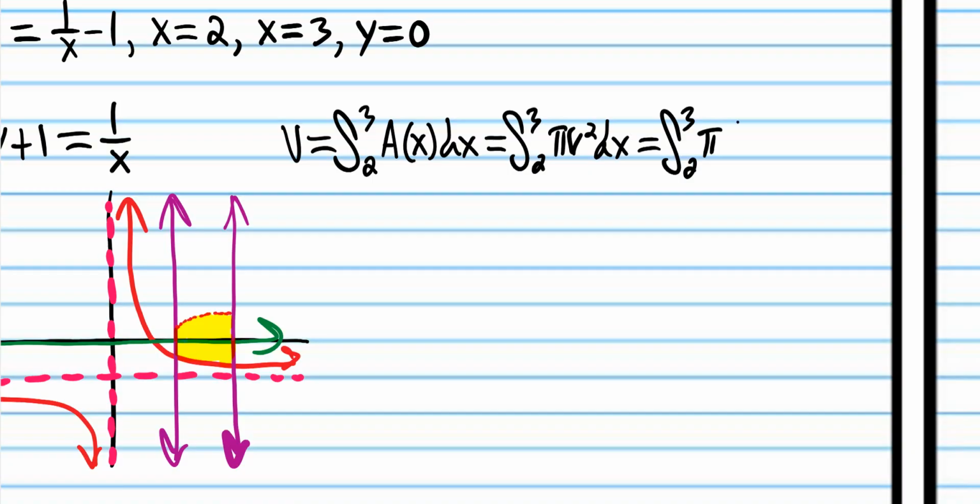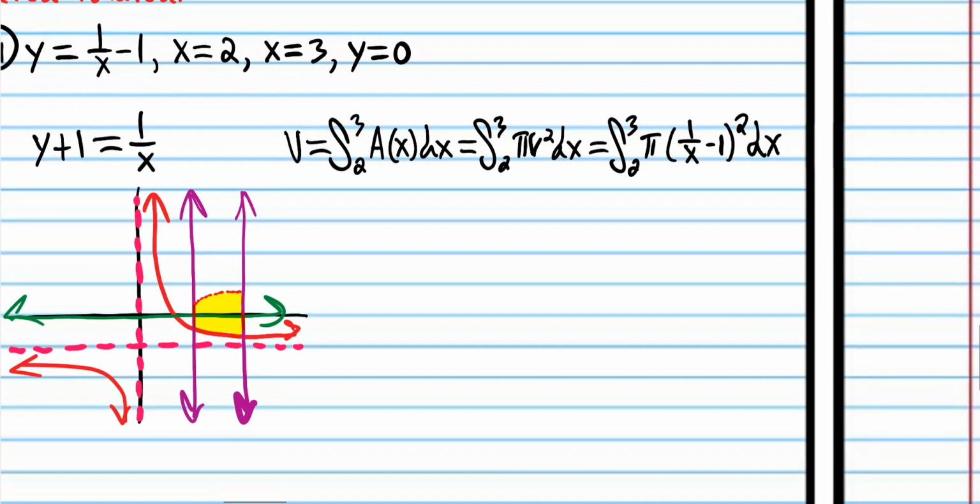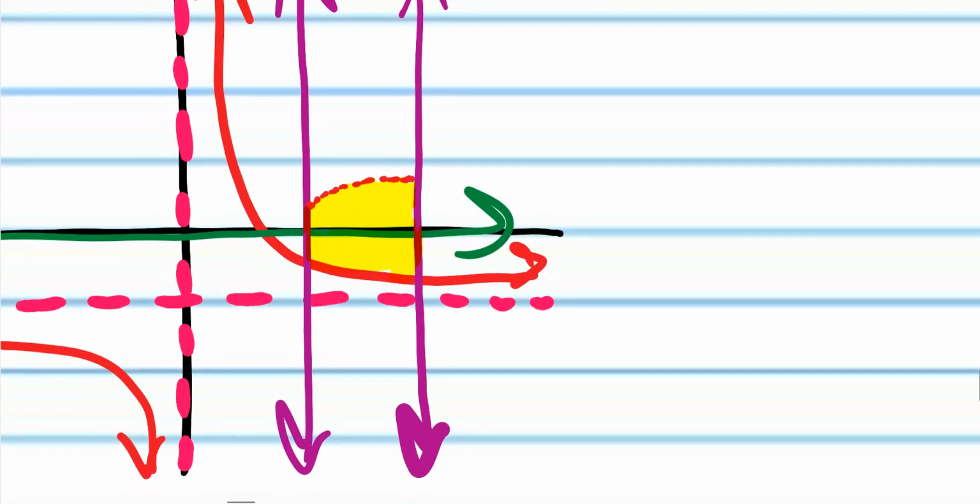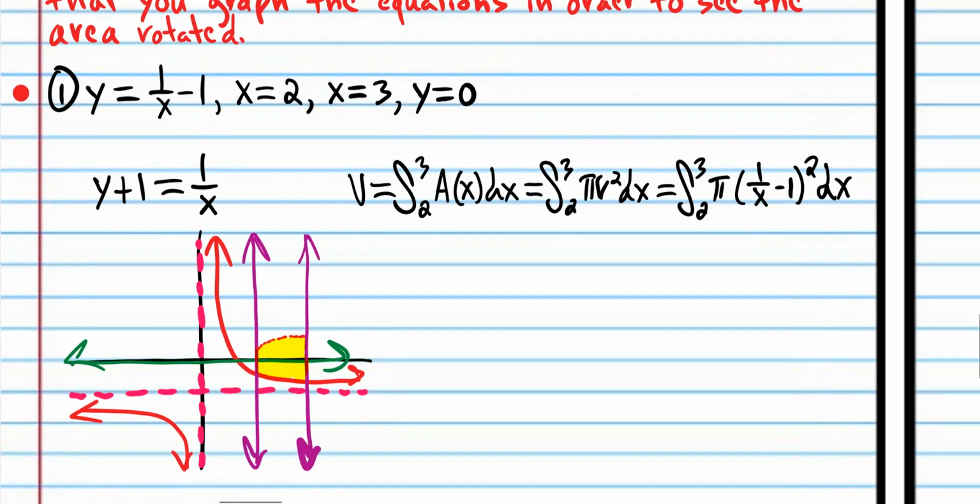So we have 1 over x minus 1. We have to square that because that's the radius. So we're adding up all of the disks, and the radius of each disk is 1 over x minus 1.